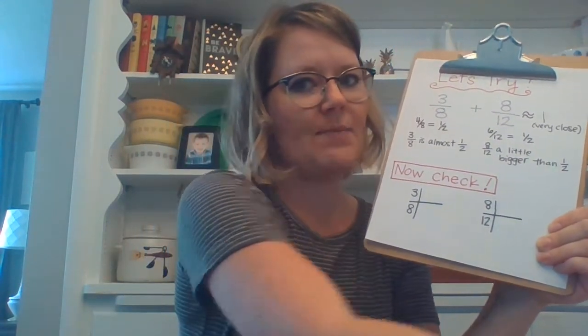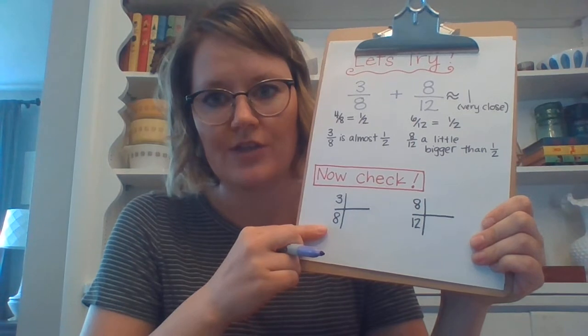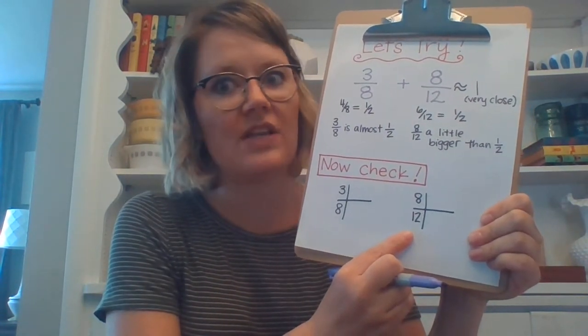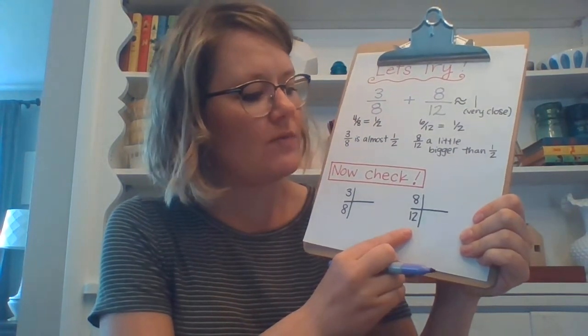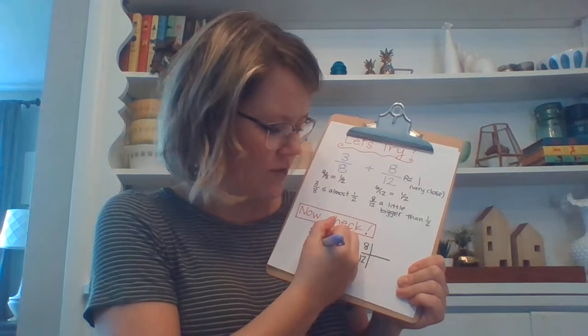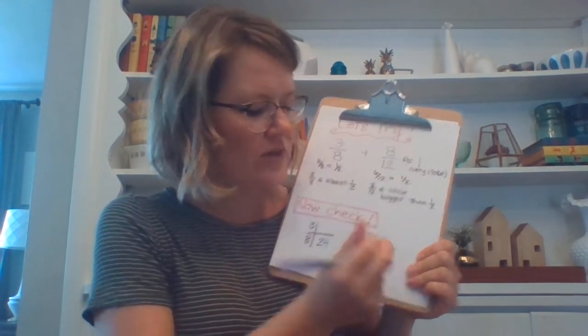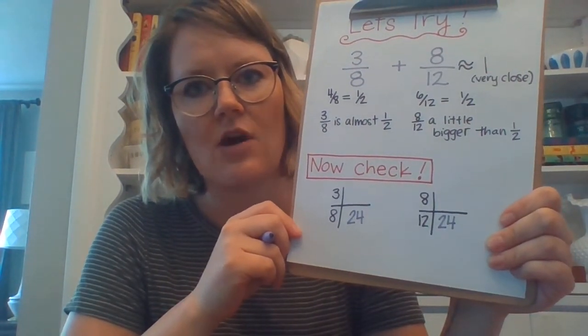And if we were to skip count by 8s, 8, 16, 24, 32, and to skip count by 12s, 12, 24, we would find that for both of those numbers, we could land on 24. So I'm going to turn both of these denominators into 24ths because that's the smallest denominator that they have in common.